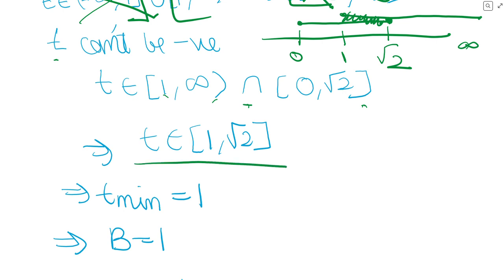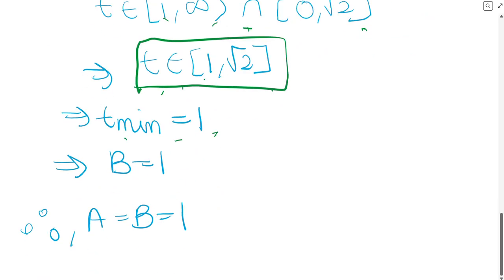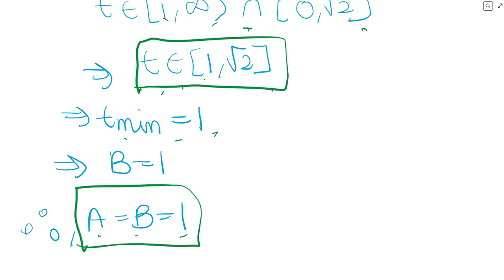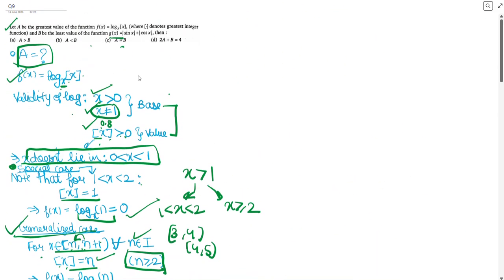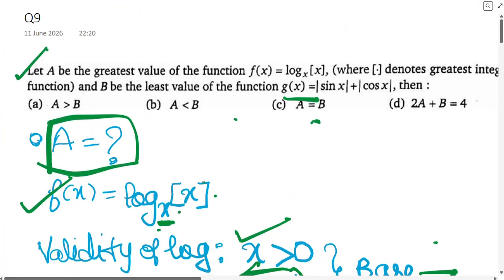So now we can say that t, or mod sin x plus mod cos x, is from 1 to root 2. b was the minimum value of this interval. So t minimum is 1, so b is 1, right? Interestingly, we find that both a and b are equal to 1. There was no option directly involving 1, but C is our correct option.